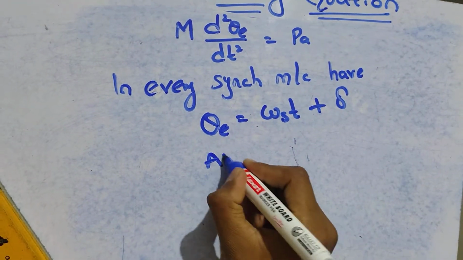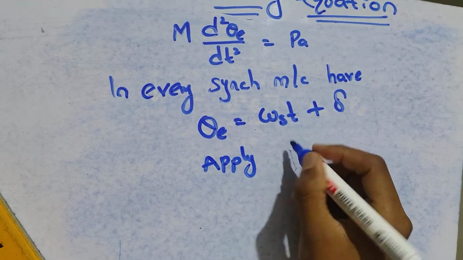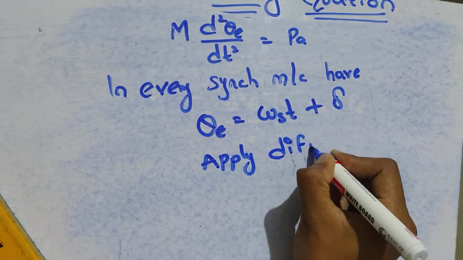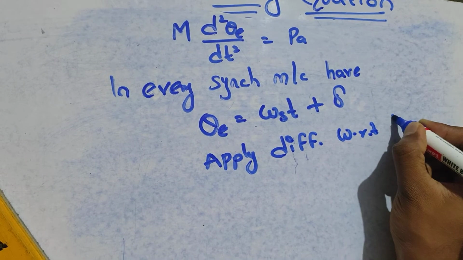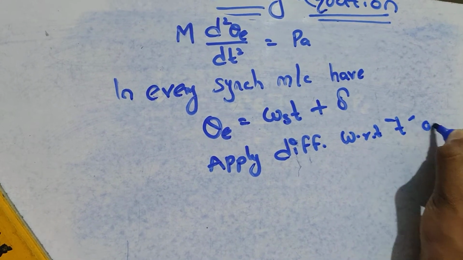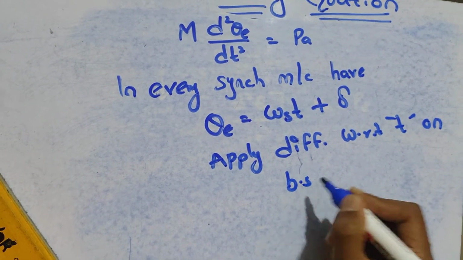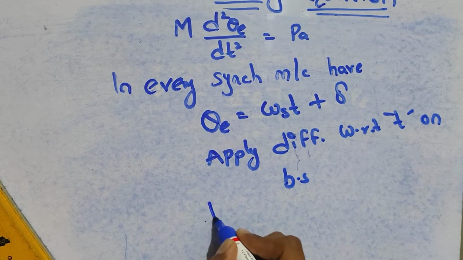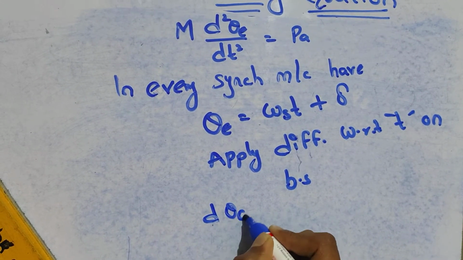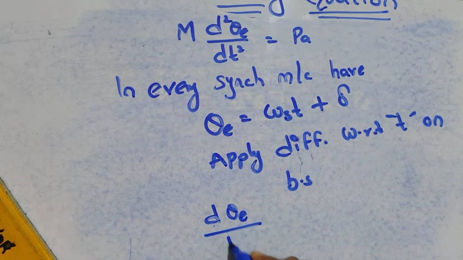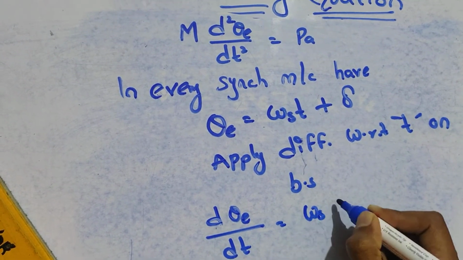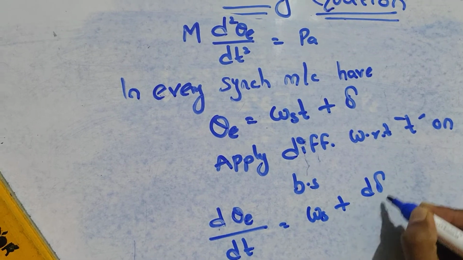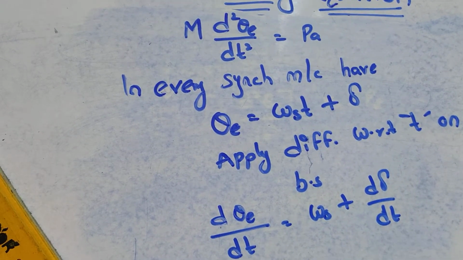So apply differentiation with respect to t on both sides. Now the differentiation of theta electrical by dt is omega s plus d delta by dt.